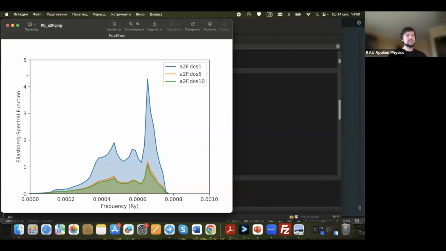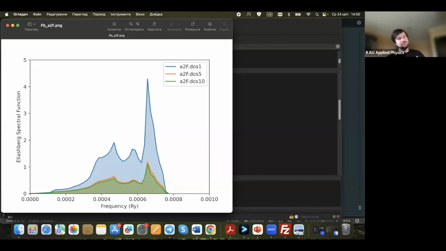This is the Eliashberg spectral function, and we see that for the lowest broadening, 0.005 Rydberg, we have the biggest function, the biggest number. When broadening goes up, it converges. This one is unconverged.